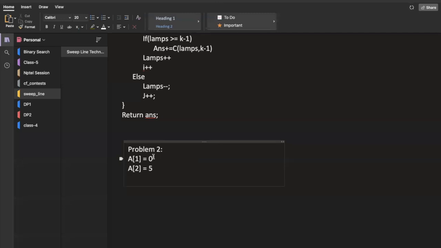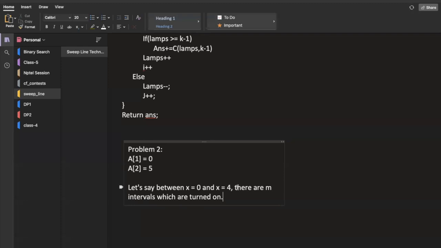Previously we argued that the situation between x equals to 0 and x equals to 4 remains exactly the same, right? So let's say between x equals to 0 and x equals to 4, there are m intervals which are turned on.